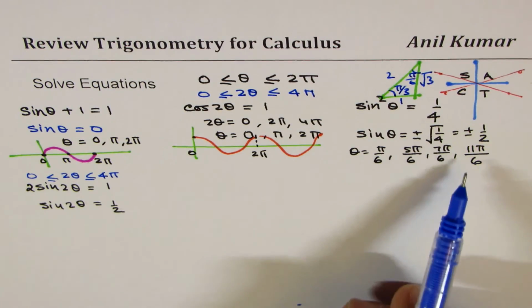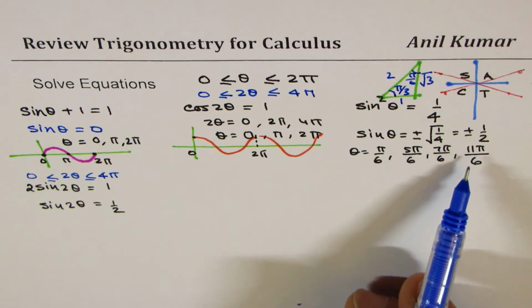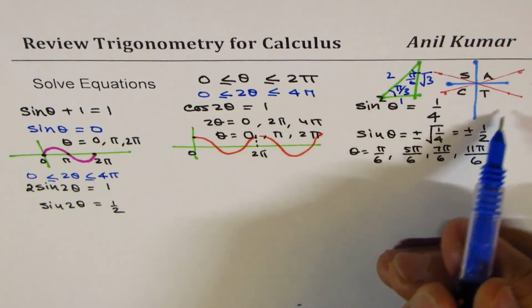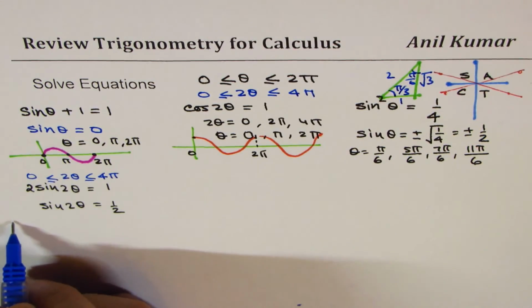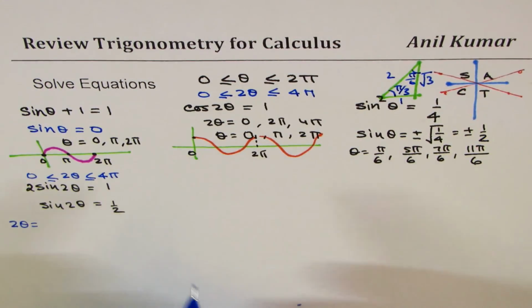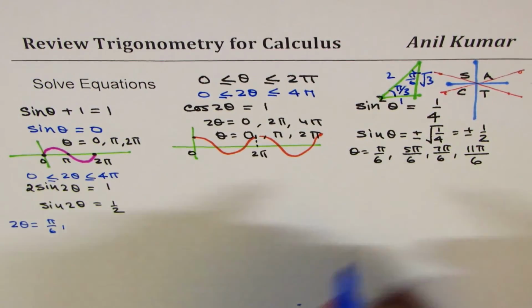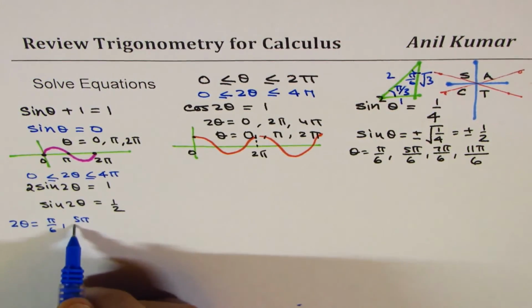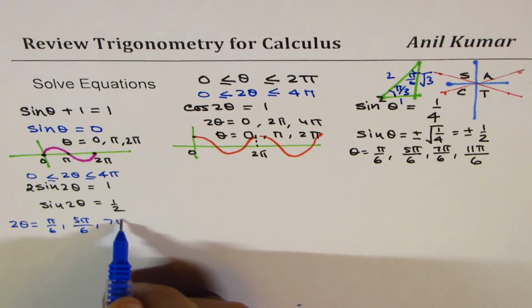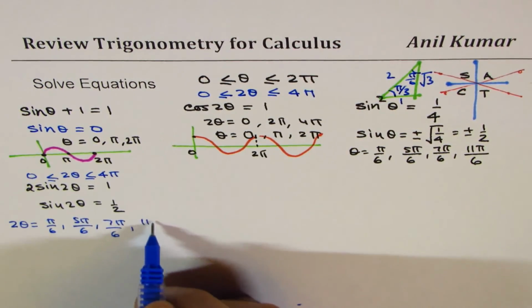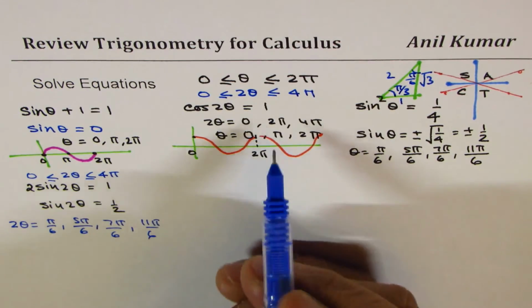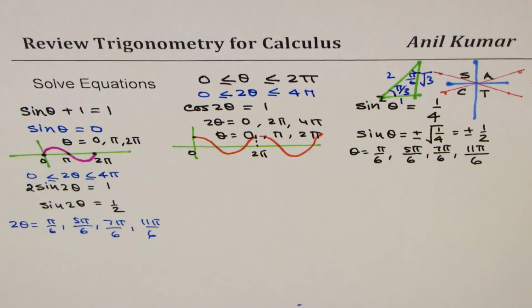And the same situation. However, we have to go for one more cycle. So in this case, we'll say 2 theta is equal to pi by 6, 5 pi by 6, 7 pi by 6, 11 pi by 6, and then we have to add one more cycle to it. That is kind of important to understand.